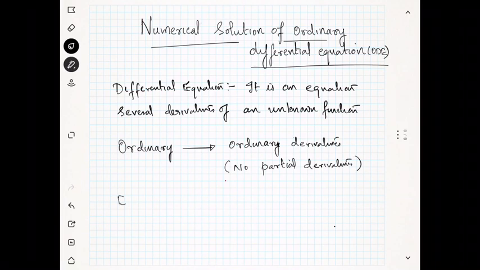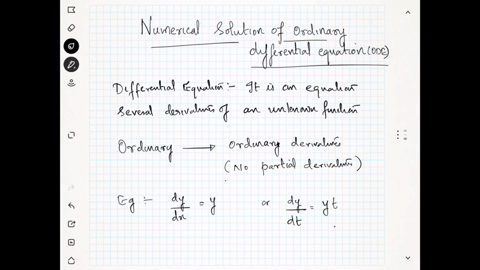For example, we can say there is a differential equation dy by dx equal to y, or, instead of x you can use another variable, dy by dt is equal to y into t.